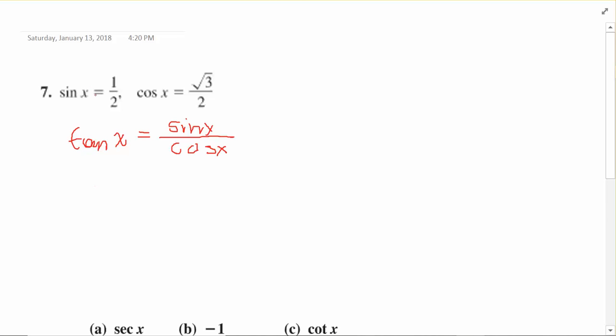If that's true, then I can put 1/2 over root 3 over 2. So that means that the tangent's equal to 1/2 over root 3 over 2.